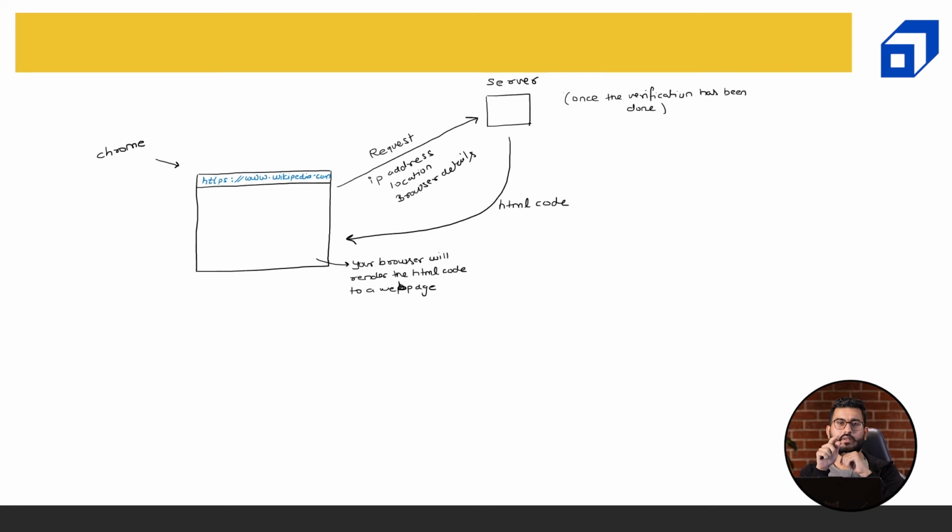Let's say I clicked on a specific image. Again, a request will be made to the server. The server will process your request. It will return the HTML code, or maybe if you are looking for an image, it will return the image code, and that will be rendered by your browser to display you the image or the web page.